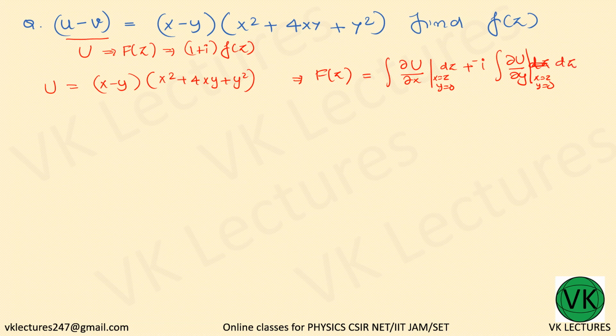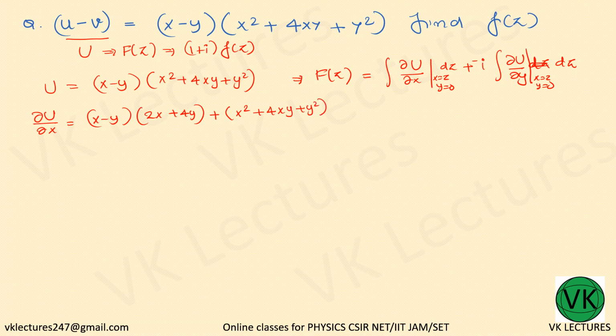Alright, now find ∂u/∂x first. ∂u/∂x is equal to this into derivative of this. So x minus y into the derivative of the second term, that is 2x plus 4y, plus the derivative of this, that is 1 into this x² plus 4xy plus y².